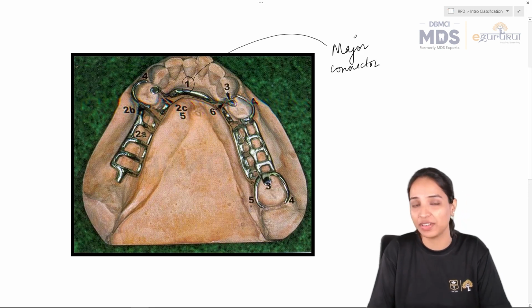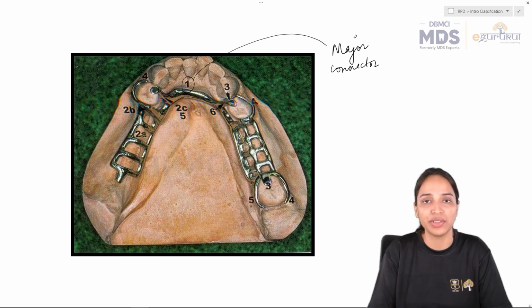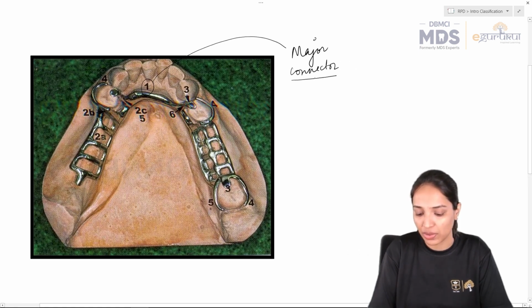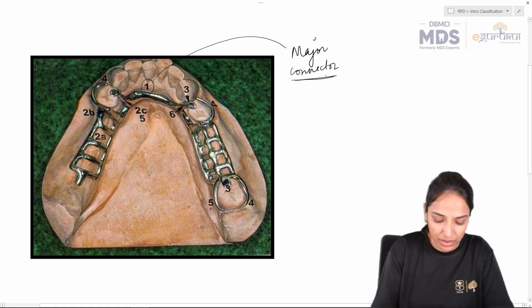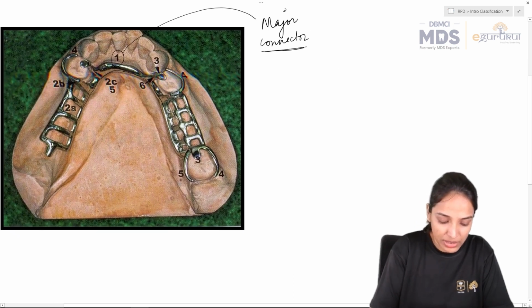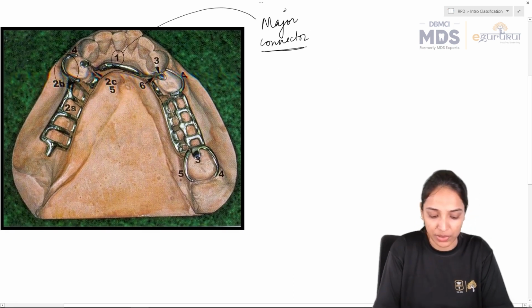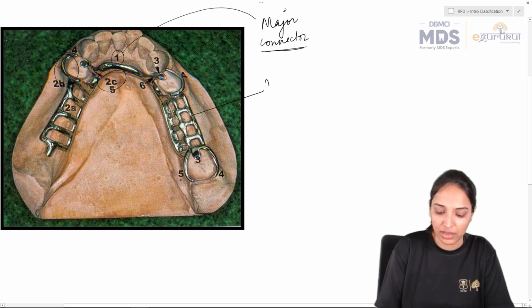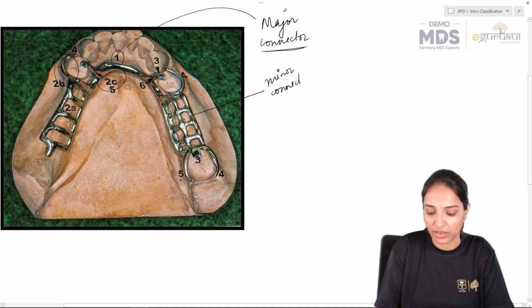If I have to briefly tell you what major connector means, it is that component of a partial denture to which all other components are united. That is why it is called a connector. These other smaller components that you see, this component over here, this one, and this particular component over here, these are all components that are called minor connectors.